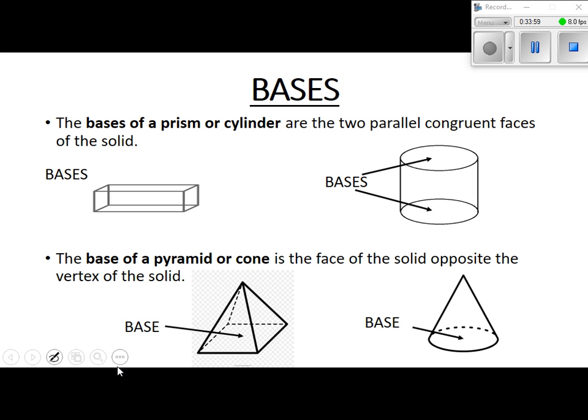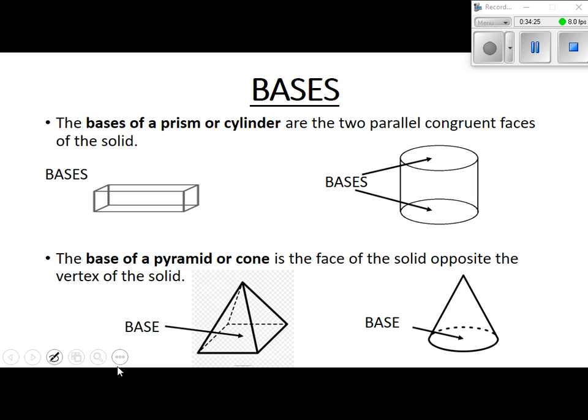The point? Does that make any sense? No. So that's why we define what the base is, no matter how the shape looks. In this pyramid, the base is the side that's not a triangle, although a base could be a triangle.